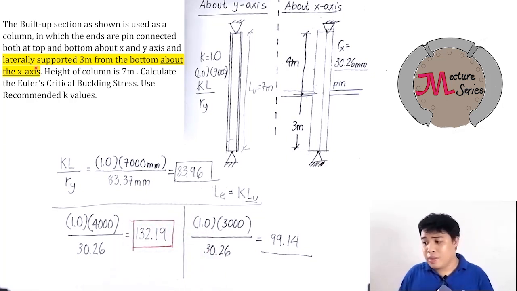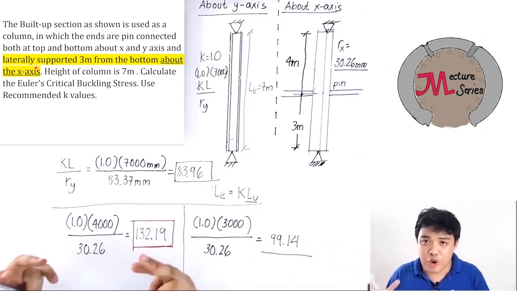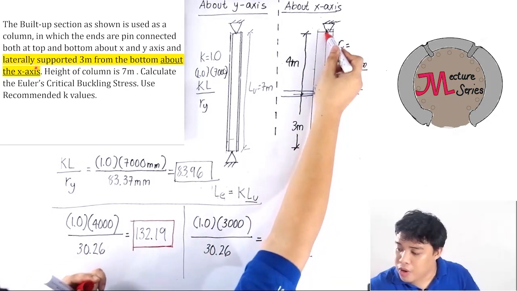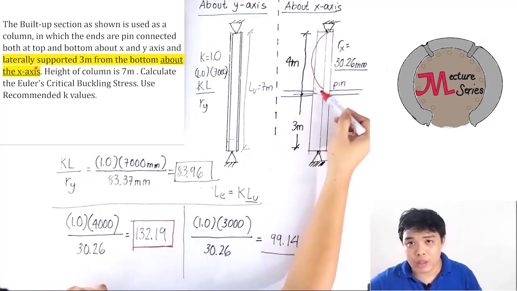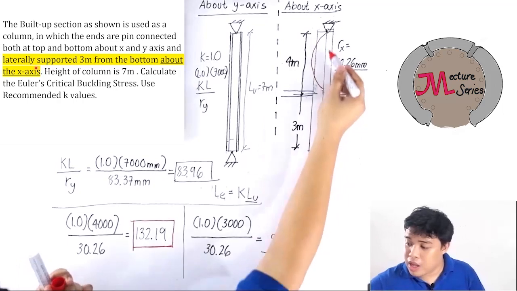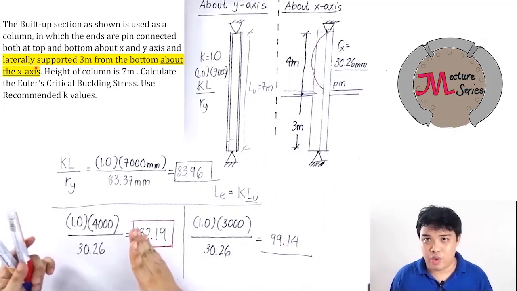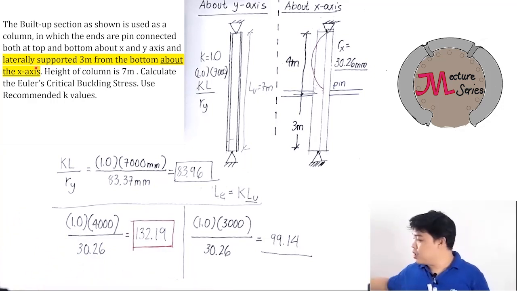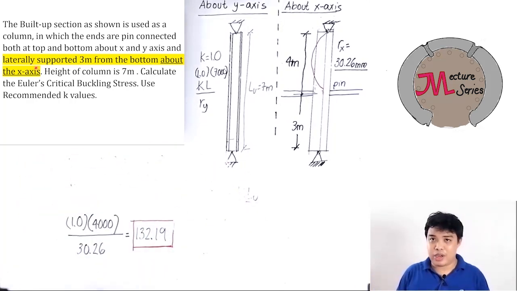So, it only means that if buckling will happen on this compression member, the buckling will start to occur on this segment. This segment is the critical segment in terms of buckling because this segment has the greatest slenderness ratio. We are now ready to get the Euler's critical buckling stress, which is derived as follows. This is the winner, 132.19 slenderness ratio.